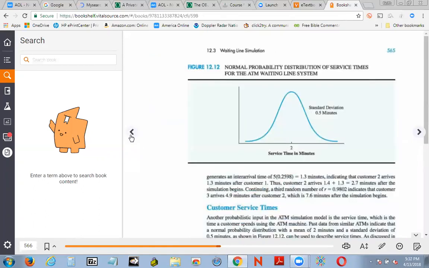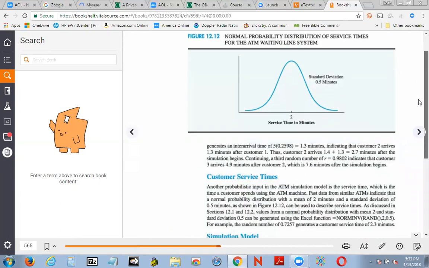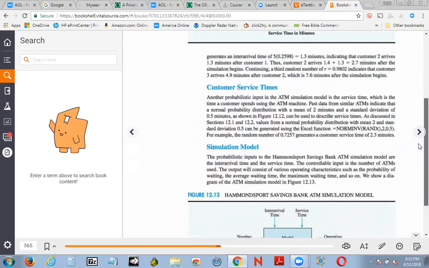Now we're back over on page 565, and we're shown the normal probability distribution, where we've got service time in minutes and the standard deviations, and then the customer service times, and that we generate these using the normalized norm inverse function with the RAND function, okay?